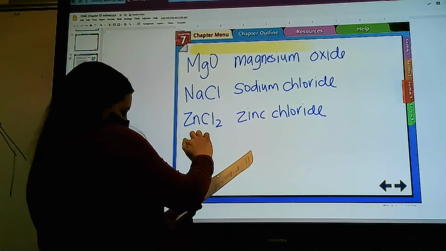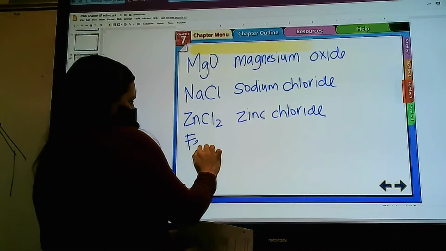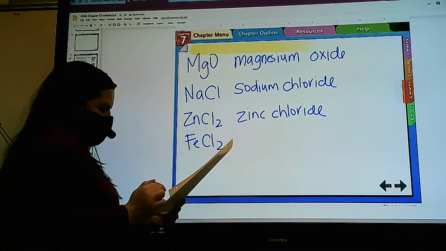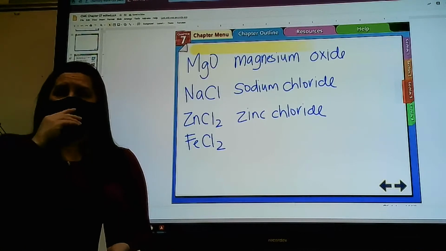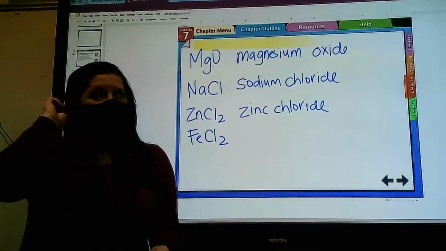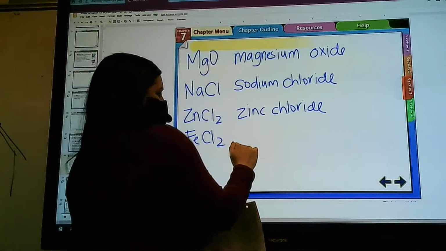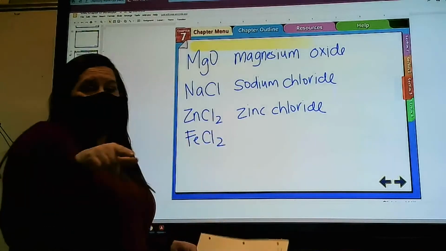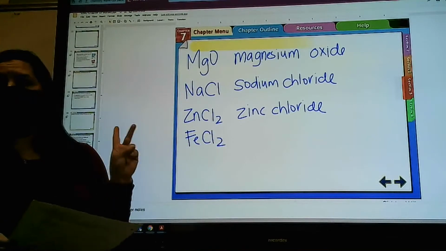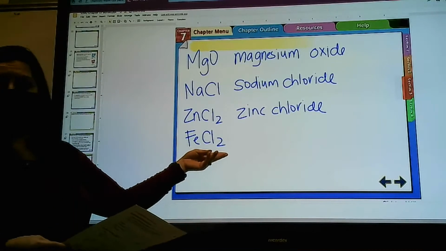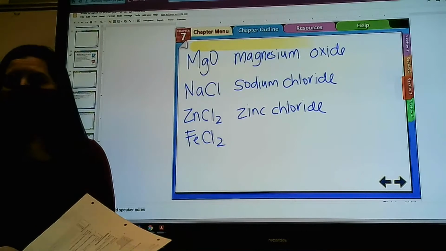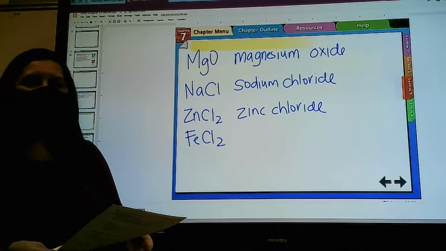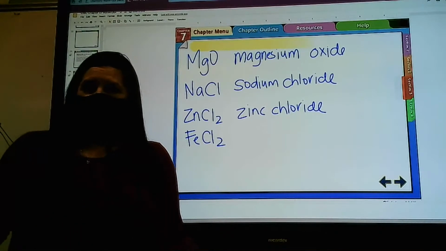And then the next one, though, is FeCl2. So it is iron chloride, but check out iron. Iron's a transitional metal. So, when we do this, there's two ways you can figure this out. If there is a subscript, because we need to figure out if this is iron 2 or iron 3, the way we do that is a reverse crisscross.